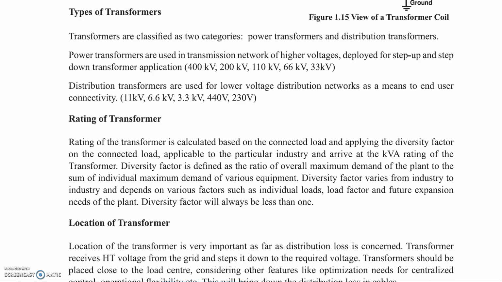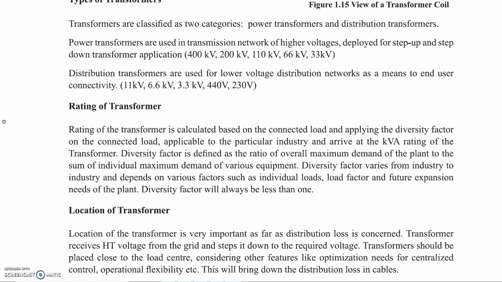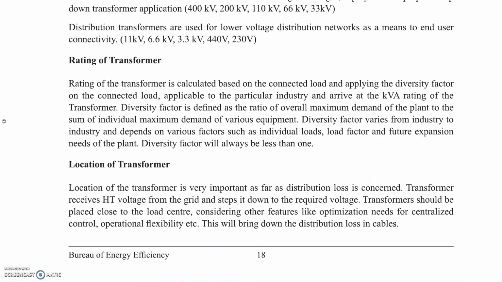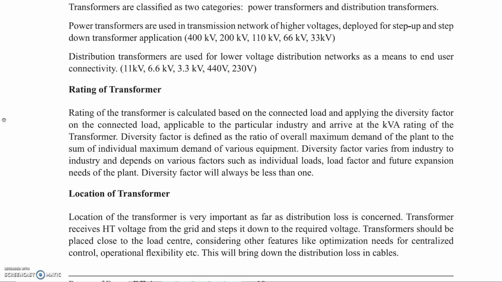So it is not exactly related to the connected load in total, but the maximum demand is determined from the connected load by considering the diversity factor. Okay, so the rating of the transformer is decided by looking at the maximum demand by the consumer, those who have installed the transformer in their location.